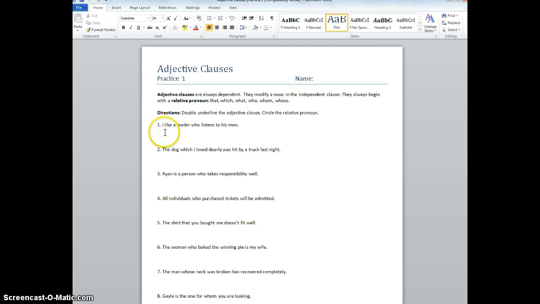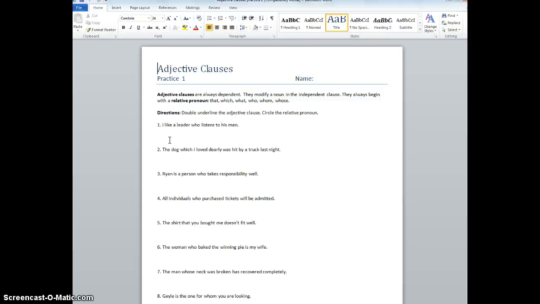So in number 1, I like a leader who listens to his men. You can find the relative pronoun. It's who listens to his men, who being the relative pronoun, the adjective clause being who listens to his men. What does it modify? It modifies the noun leader. It talks about what type of leader you like.